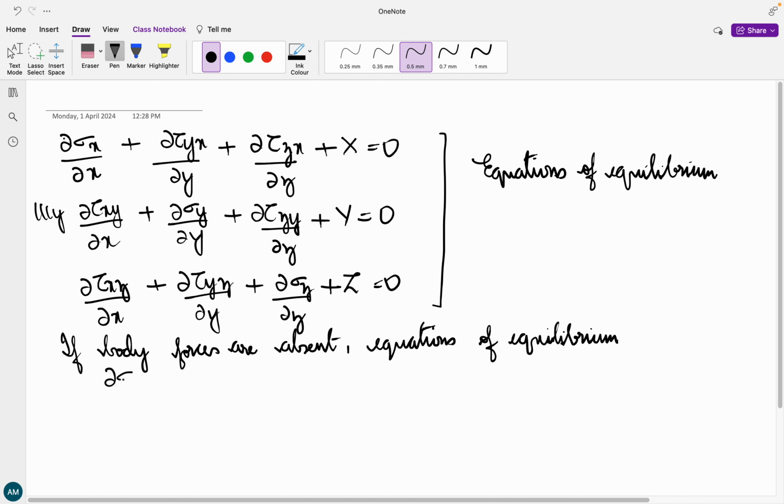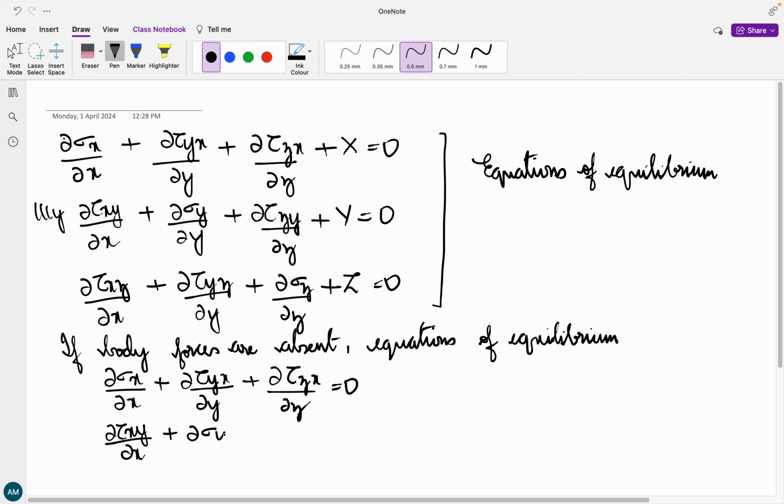So it is going to be dou sigma x by dou x plus dou tau yx by dou y plus dou tau zx by dou z equals 0. Then dou tau xy by dou x plus dou sigma y by dou y plus dou tau zy by dou z equals 0.